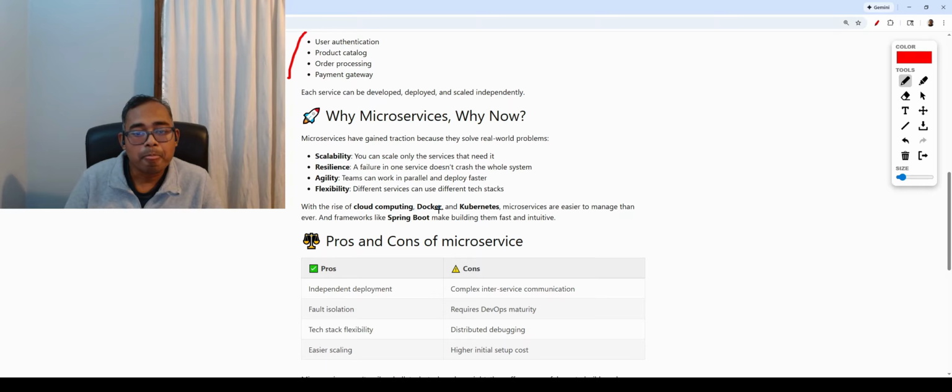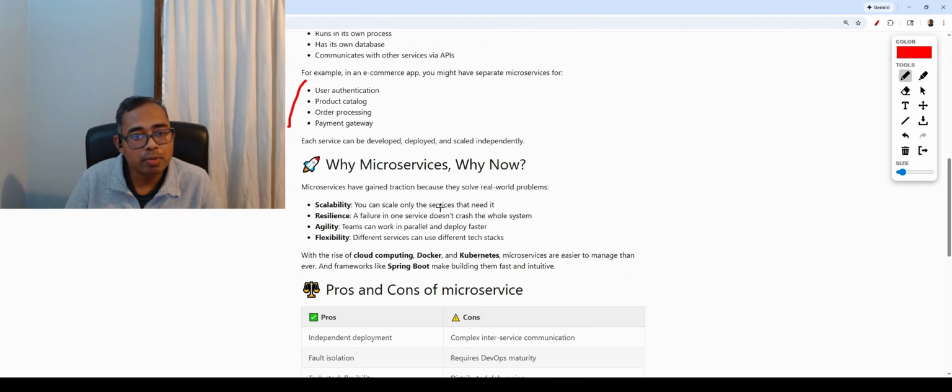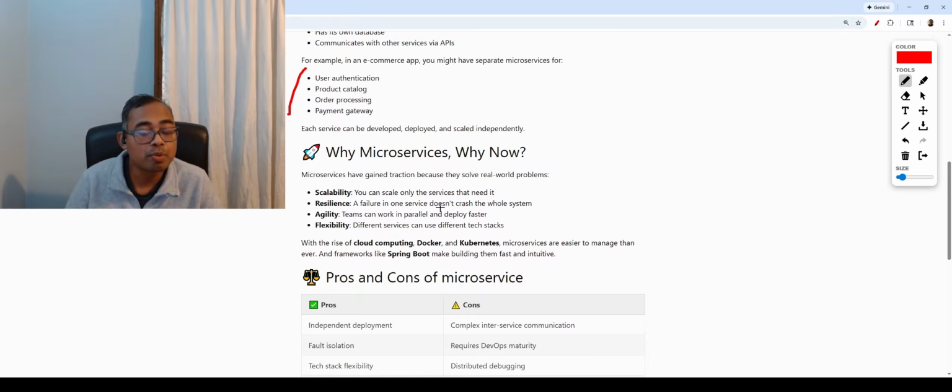And Spring Boot, of course, makes them faster. So what we can see is that with these tools and technologies like Docker and Kubernetes, microservices became more popular because you can really scale the system very big when you need to.